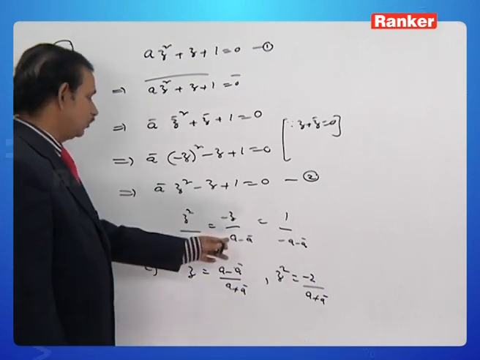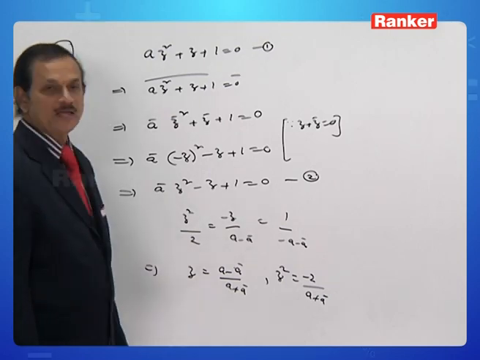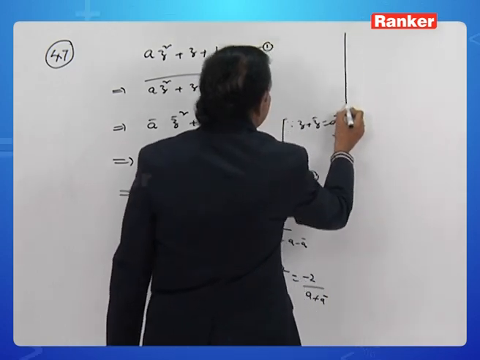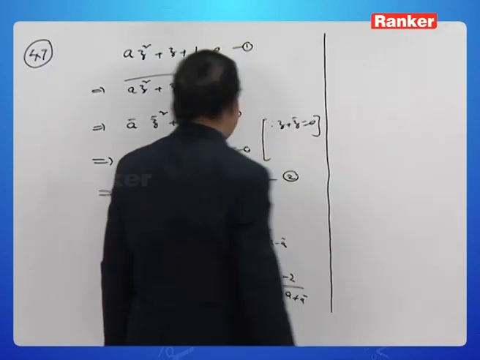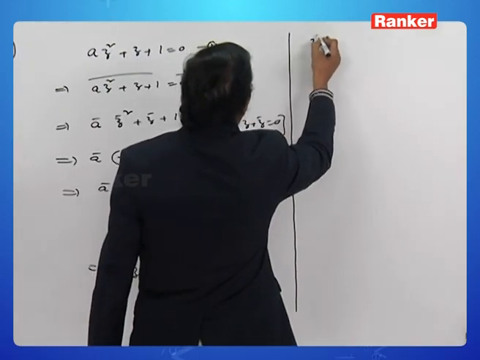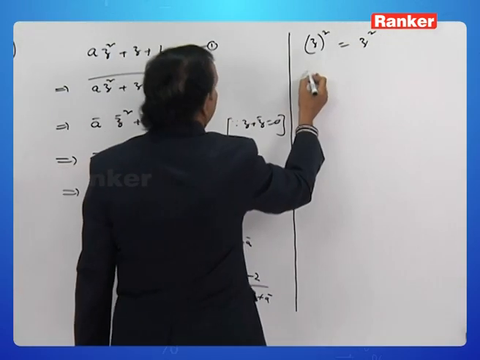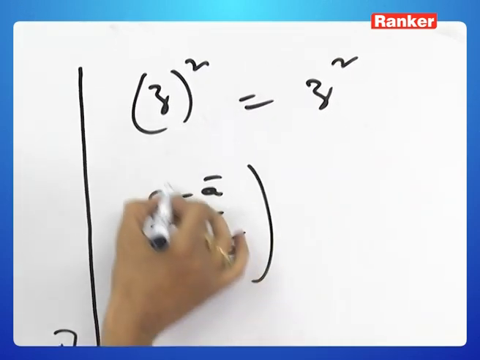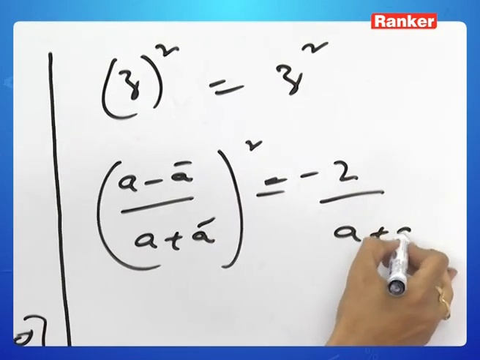z is equal to a minus a bar by a plus a bar, and z square is minus 2 by a plus a bar. Now let me eliminate z. z whole square is equal to z square. That is a minus a bar by a plus a bar whole square is equal to minus 2 by a plus a bar.